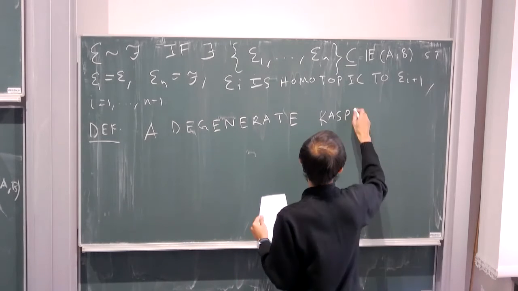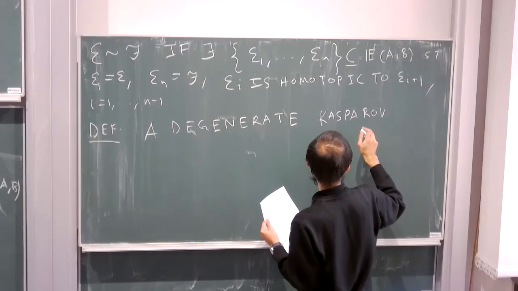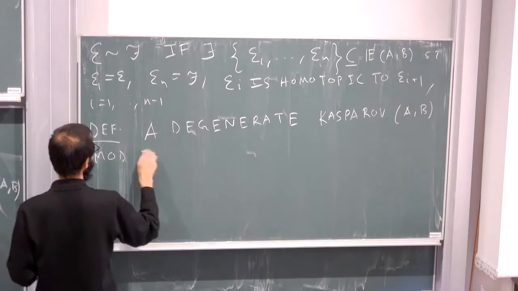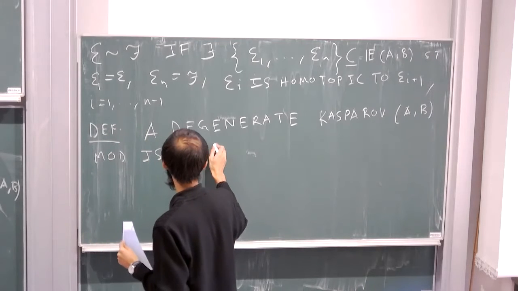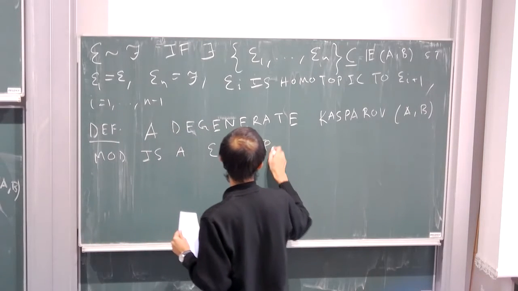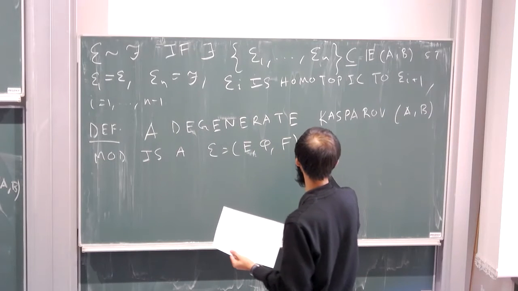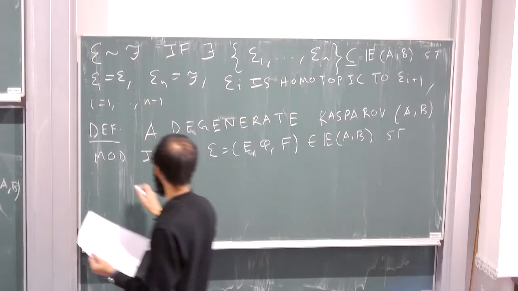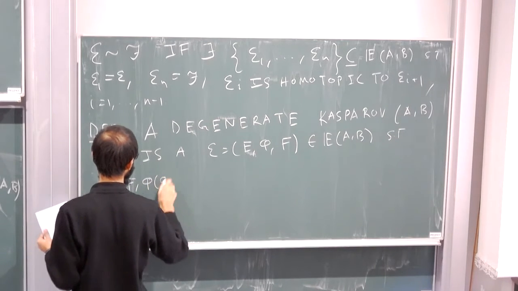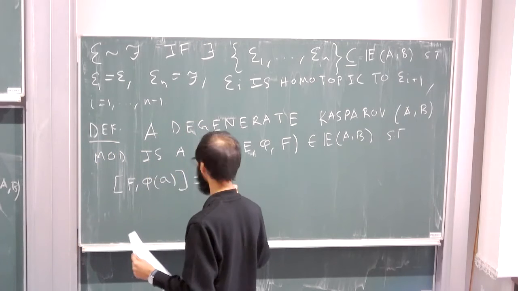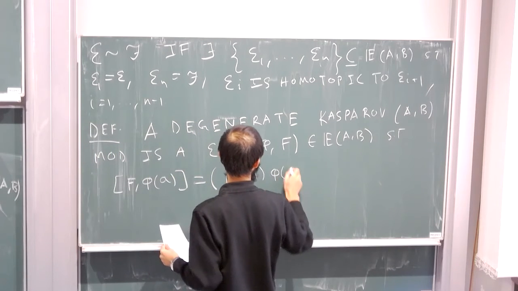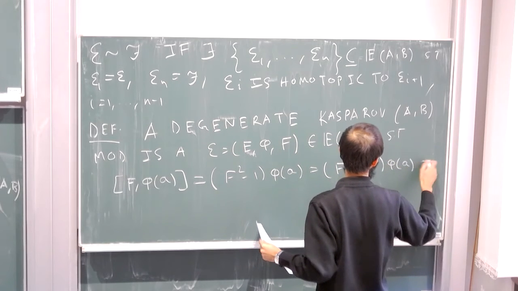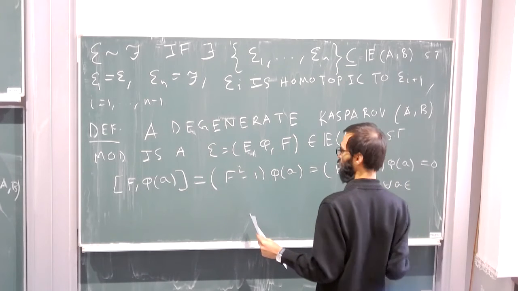A degenerate Kasparov AB module is a... the name suggests what degenerate should be.